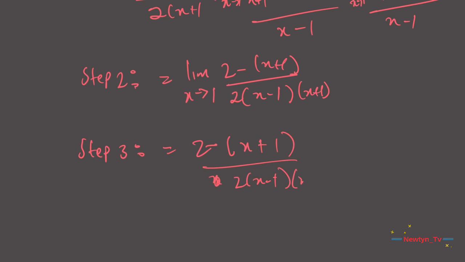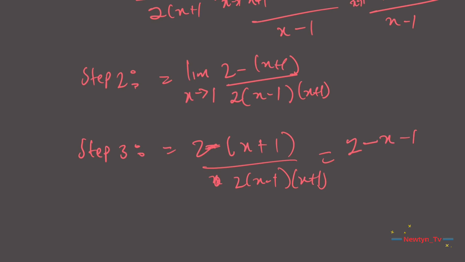I'm just rewriting it again, because we have 2 minus x plus 1. So it's simply like 2, and the minus sign right here just goes through. So minus x minus 1.